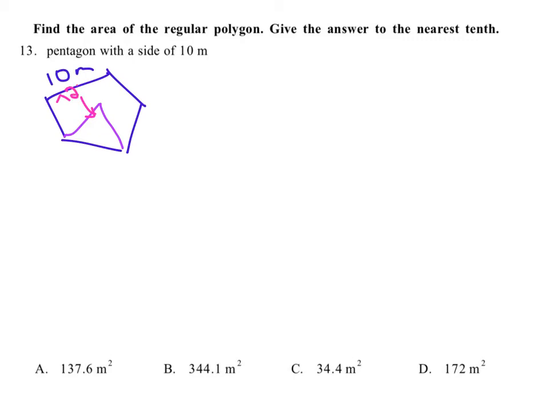However, when we drop the apothem down, we split that and it becomes a 36-degree angle. So we're going to use the 36-degree angle, and we have a right angle there. And if we had a side length of 10, then this side length right there is now 5, and we can draw that triangle like that.